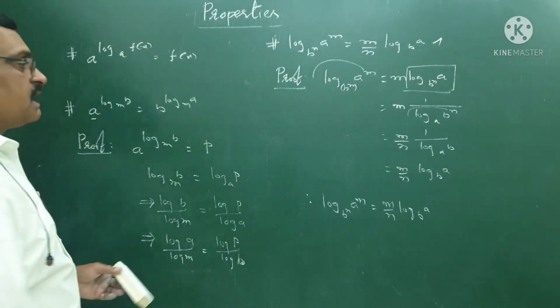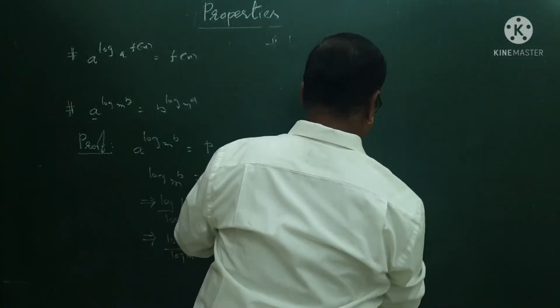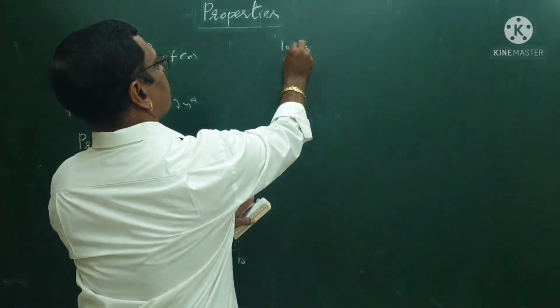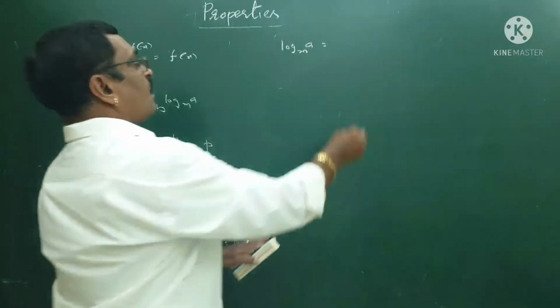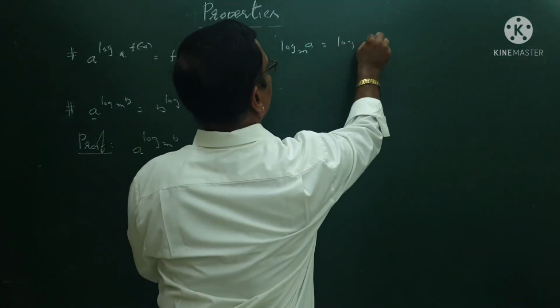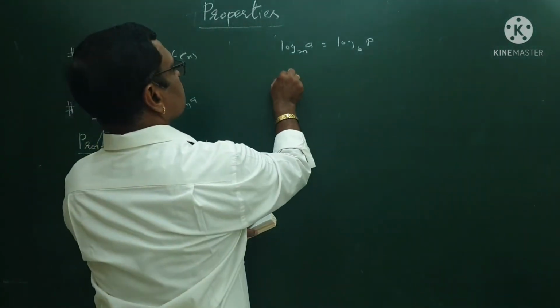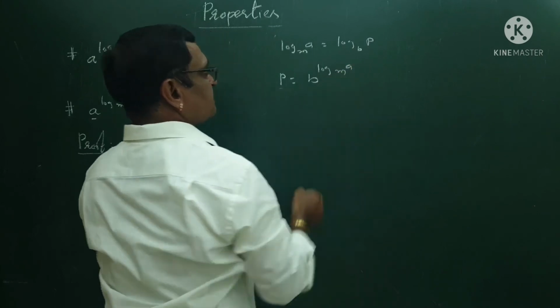Now convert to the single log. We have log A base m is equal to log p base B. Now p is equal to B to the power of log A base m.